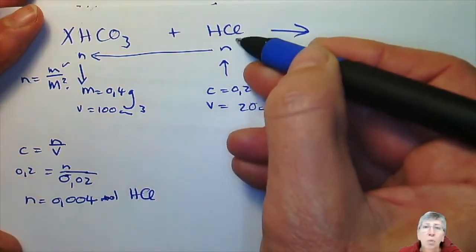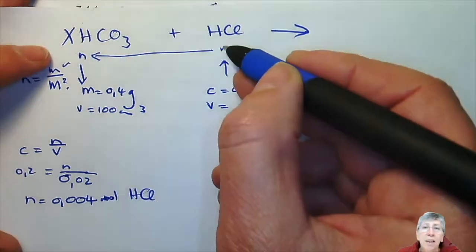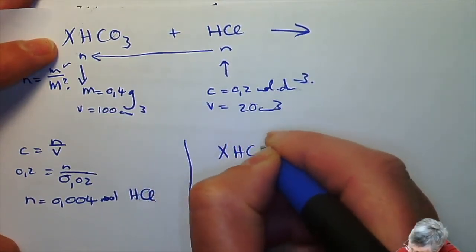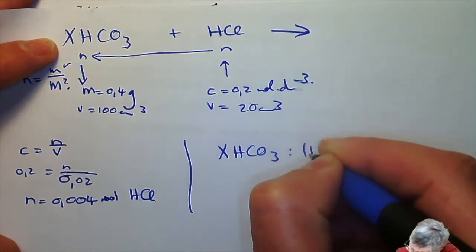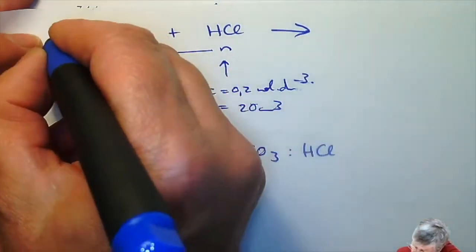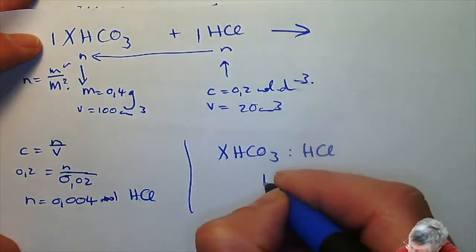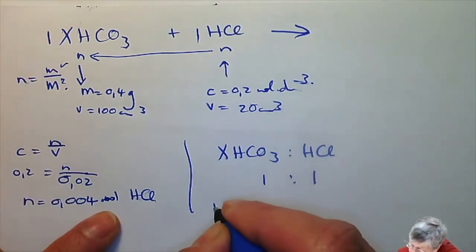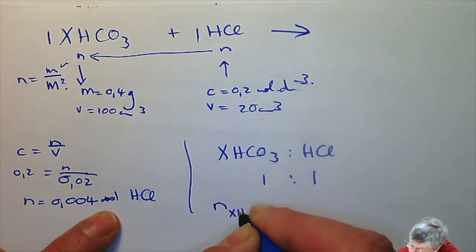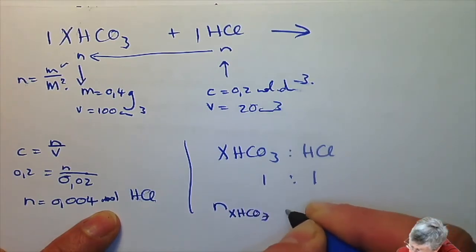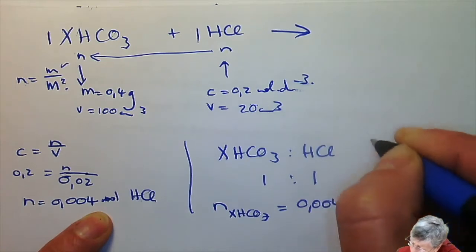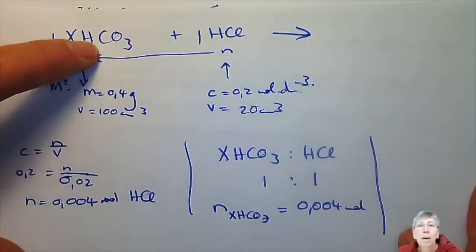So I've worked out the moles of HCl. Next up, from there to there, I've got XHCO3 to HCl. They are in the ratio 1:1. 1 mole of this will always react with 1 mole of that. So immediately that tells you that the moles of XHCO3 will also be 0,004 moles. So now I'm up to there.